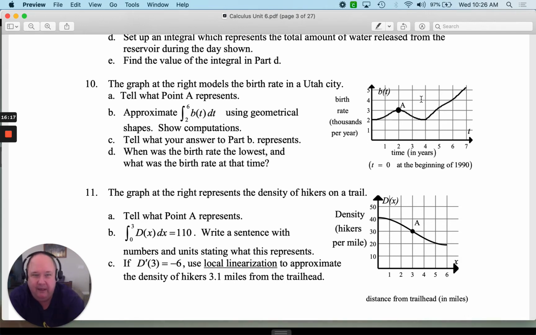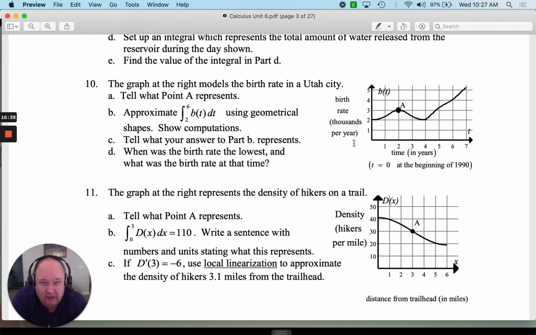So at the beginning of 1992, what happened? What's the story about? So the story is about the birth rate in a Utah city. So the birth rate in a Utah city is, and what's the rate? It's thousands.